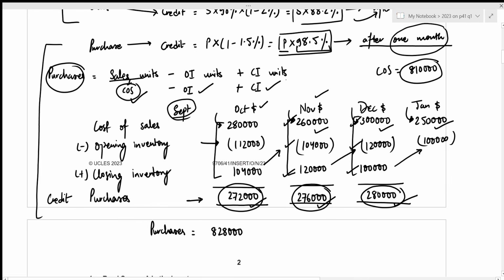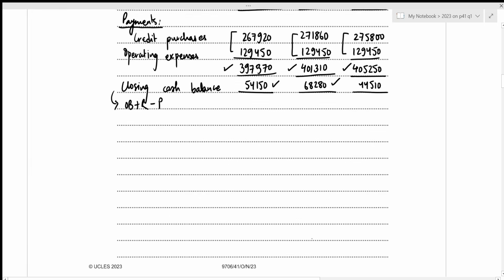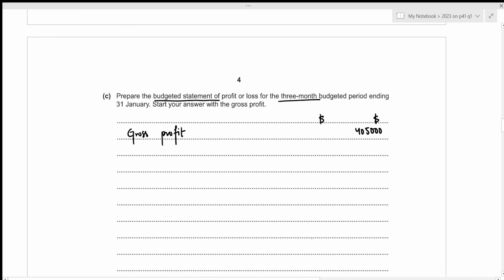And the discount rate was of 1.5%, right? So 1.5% of this amount will be received as our discount. And the total of the discounts received will be 12,420. We need to add this as our other income to the gross profit. So that will be 12,420.